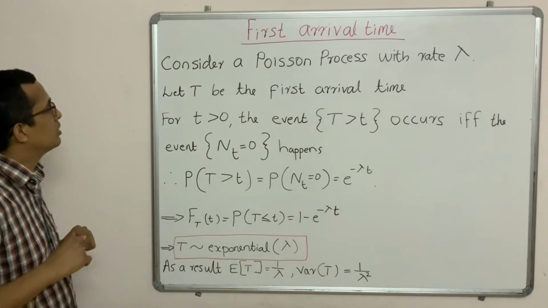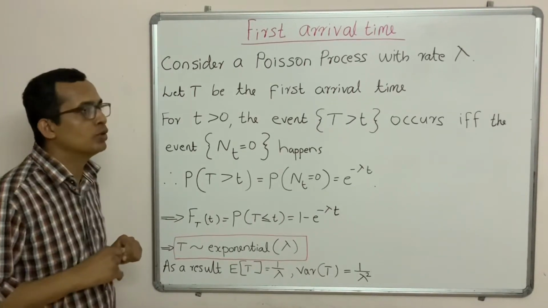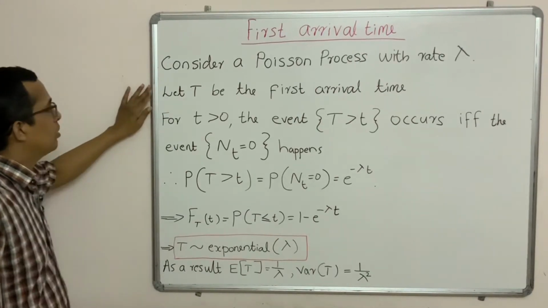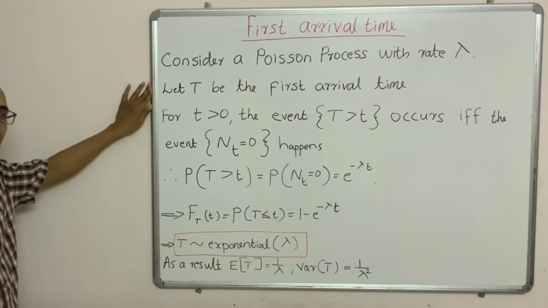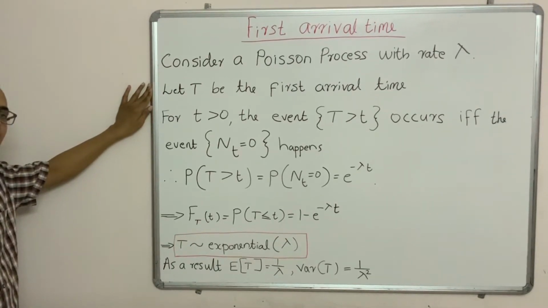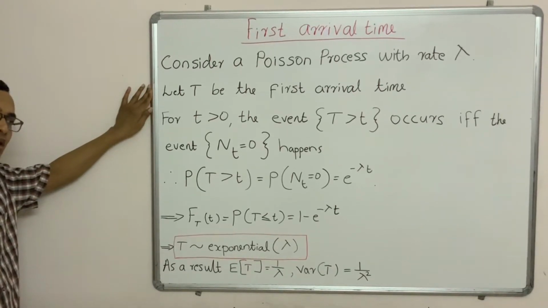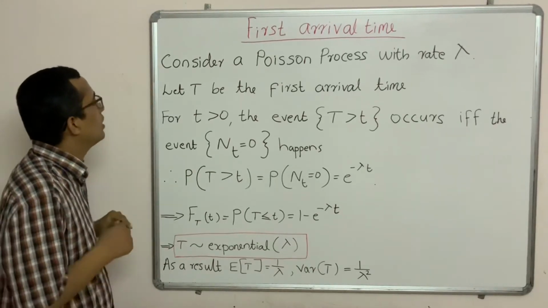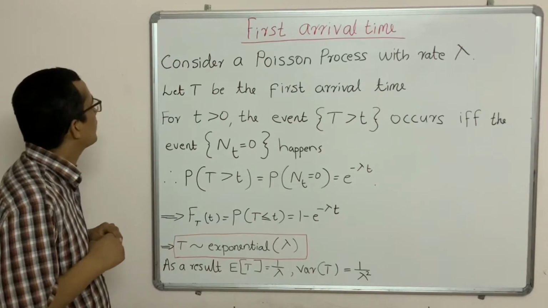Now let us come to the first arrival time of the Poisson process with rate lambda. Let capital T denote the first arrival time. Here we assume that our starting time is small t equal to 0, the process is starting, and after that capital T is the random variable which denotes the first arrival time.